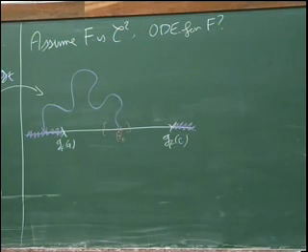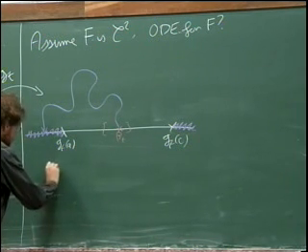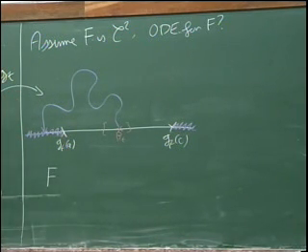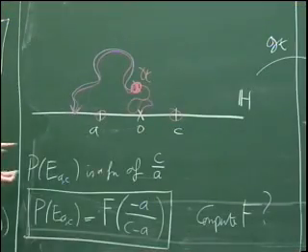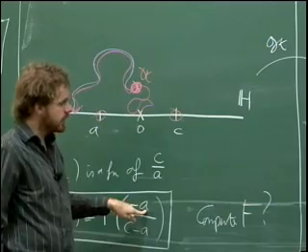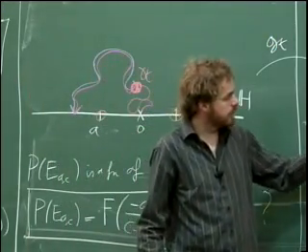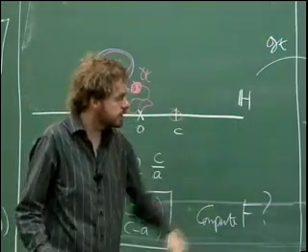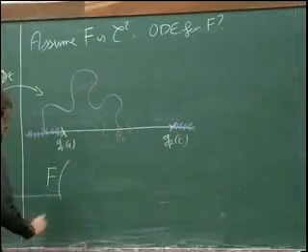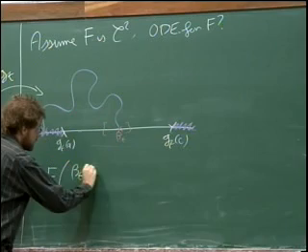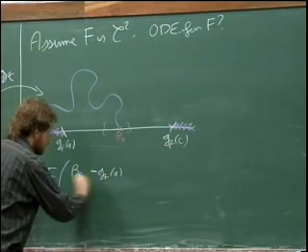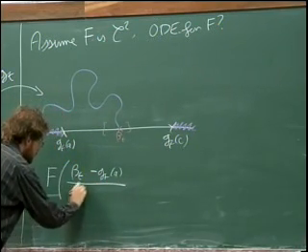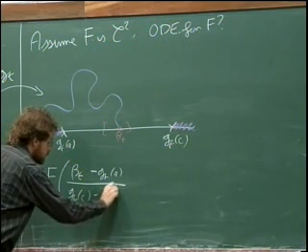The probability that you do that is exactly f of minus a over c minus a, but now a and c are shifted by beta t. So a becomes gt of a minus beta t, and c becomes gt of c minus beta t. So this becomes beta t minus gt of a divided by gt of c minus gt of a.